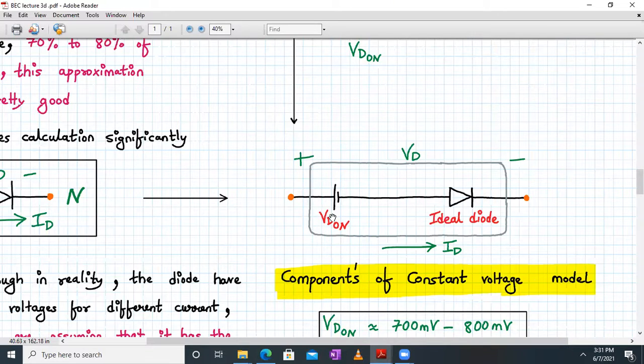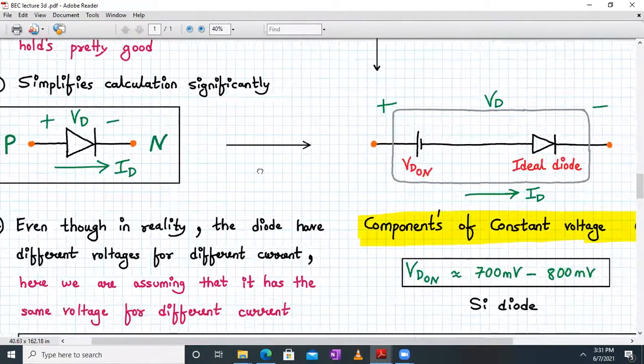You have a battery, which has a similar role to the previous model. Then we have an ideal diode, which makes sure that the diode conducts only in one direction. Fine. These two components, the VD-on battery and the ideal diode, have already been discussed in the previous model, so the functionality remains the same.